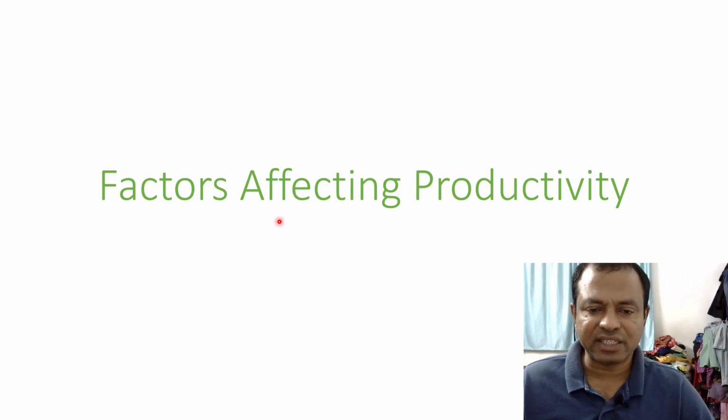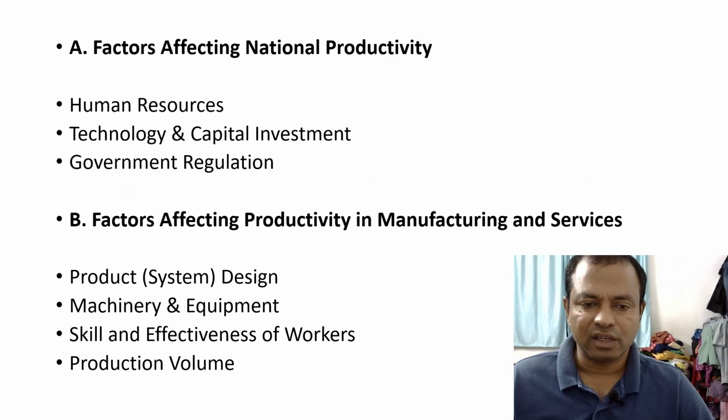Next is factors affecting productivity. Here factors affecting national productivity is there, and factors affecting productivity in manufacturing and services. So two headings are there. Factors affecting national productivity means the national level.